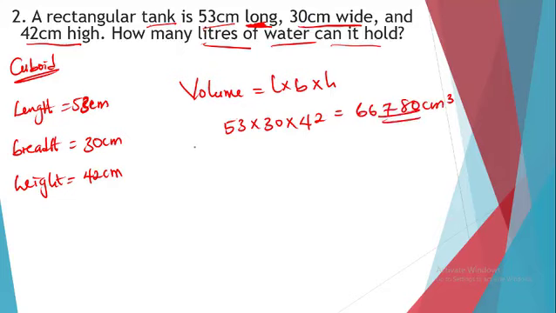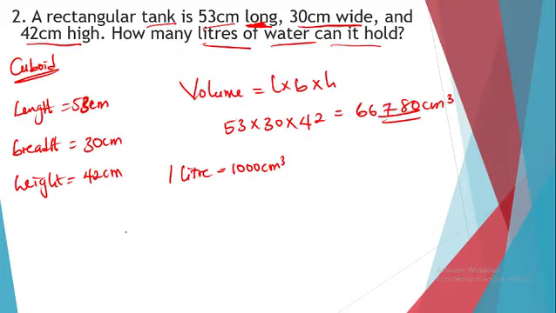Okay, then the question says how many liters of water can this tank we're talking about hold? Okay, how do we determine that? First of all, we need to bear in mind that 1 liter is equal to 1000 centimeter cube.